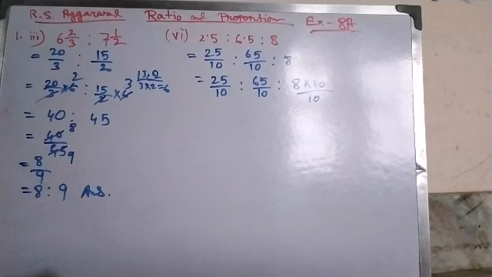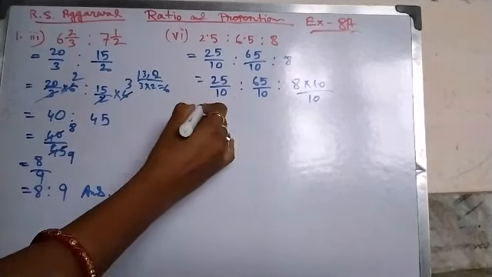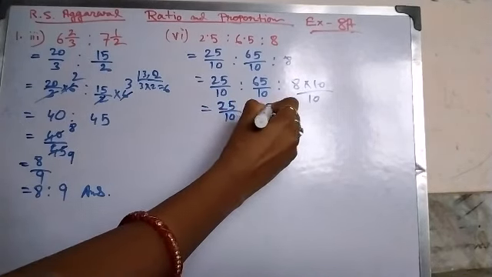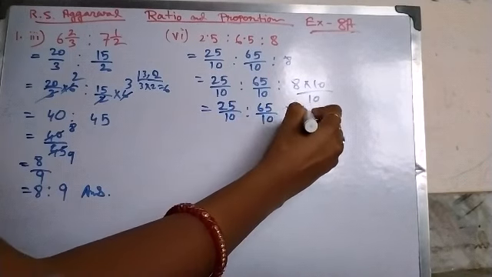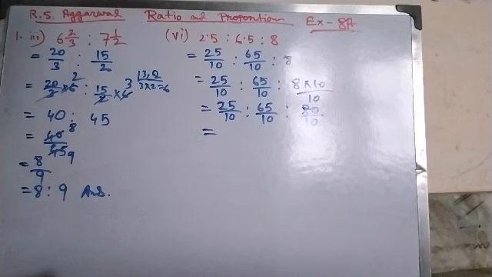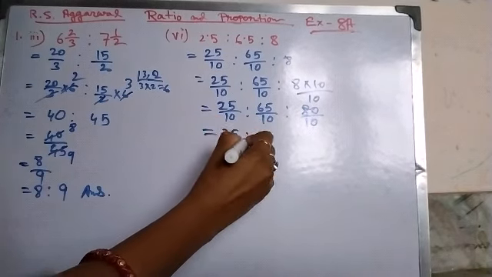Mainly we have to make the denominator 10 here. That's why we will multiply by 10 here also. Then 25 by 10, 65 by 10, 80 by 10. Then this denominator 10 we can cancel directly.